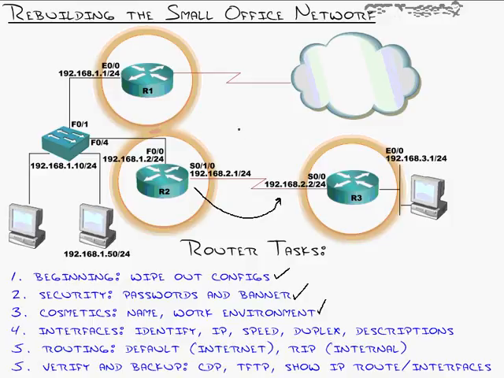But remember, on every serial connection, there is one side of the cable that is considered a DCE, and the other side is considered a DTE end of the connection. Now, in the typical quote-unquote real world, the DCE always connects to the service provider.